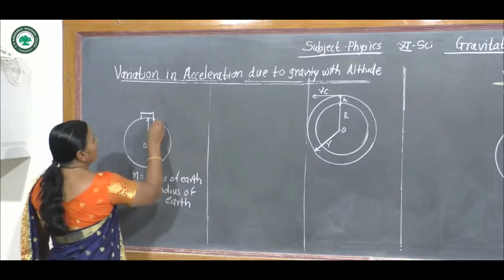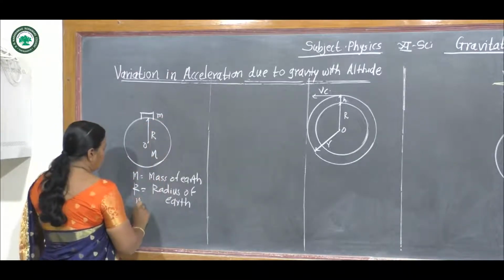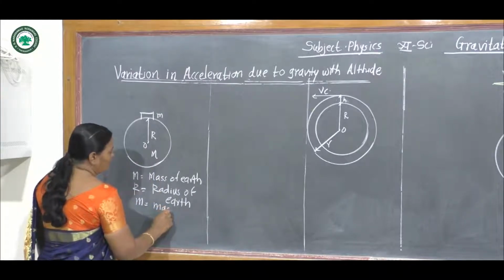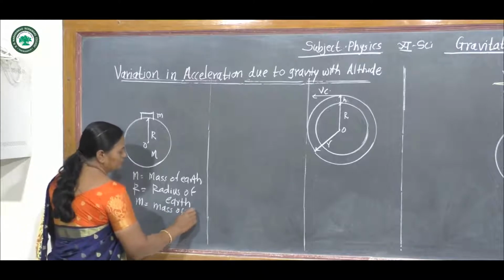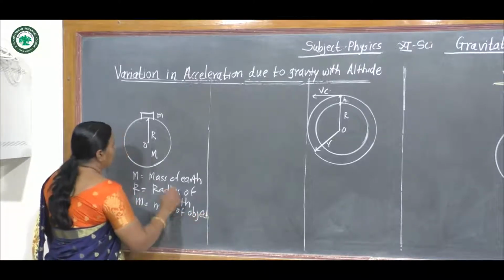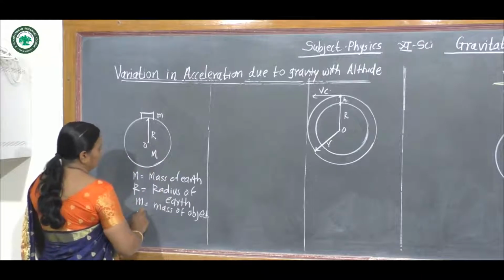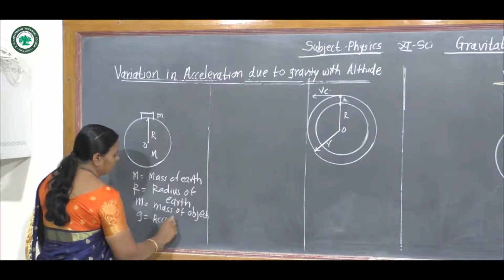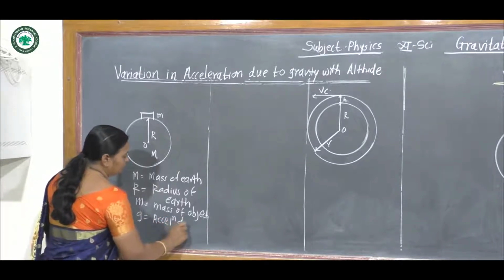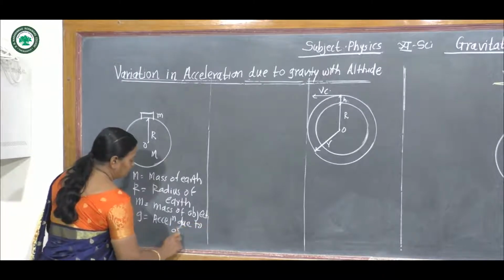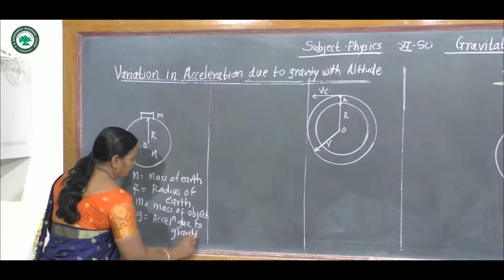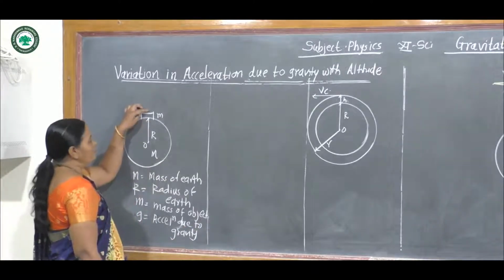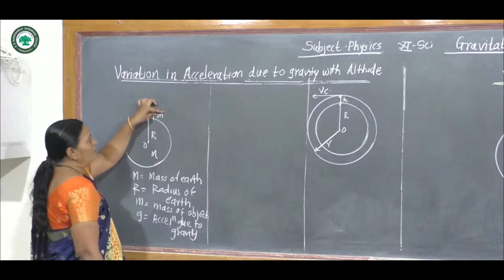Suppose m is the mass of an object situated on the earth's surface, and g is the acceleration due to gravity. Initially we consider the object at rest on the earth's surface, with mass m.